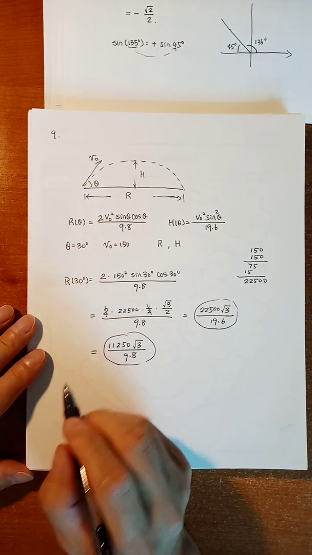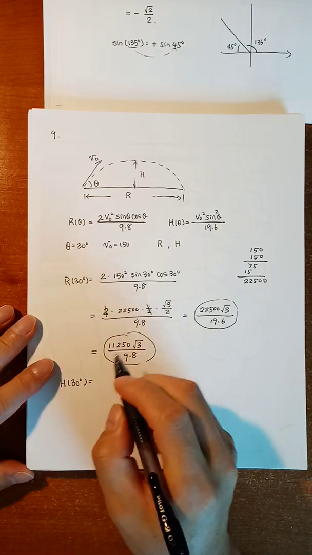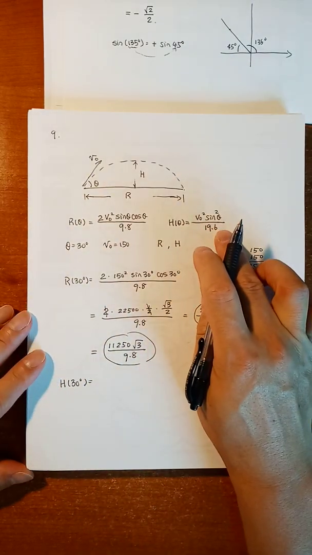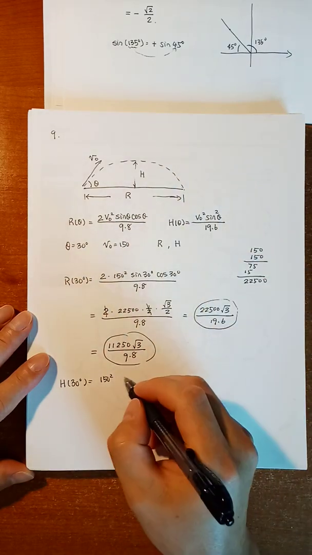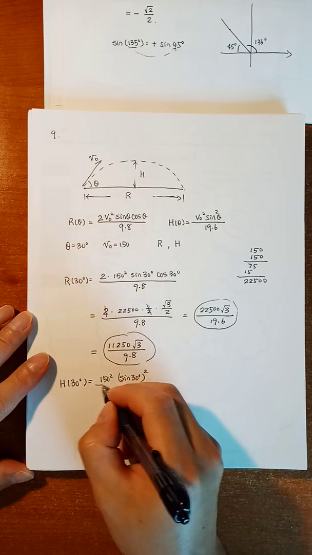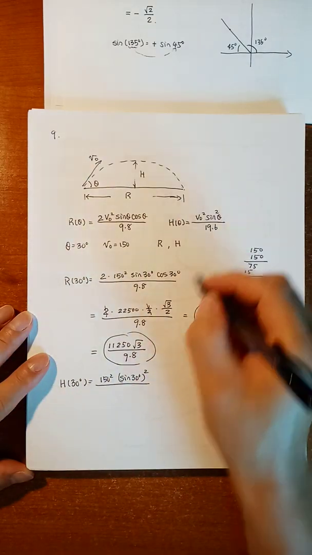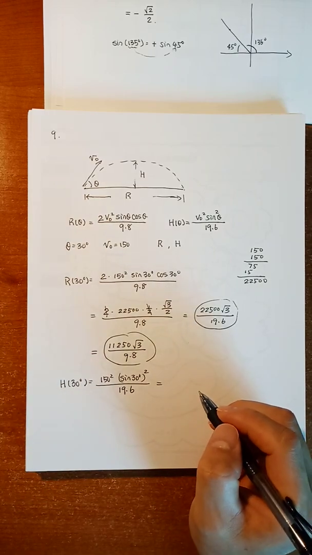And next, H of 30 degrees. We're going to apply this formula. V0 squared, 150 squared, sine 30 degrees squared, and then over 19.6.